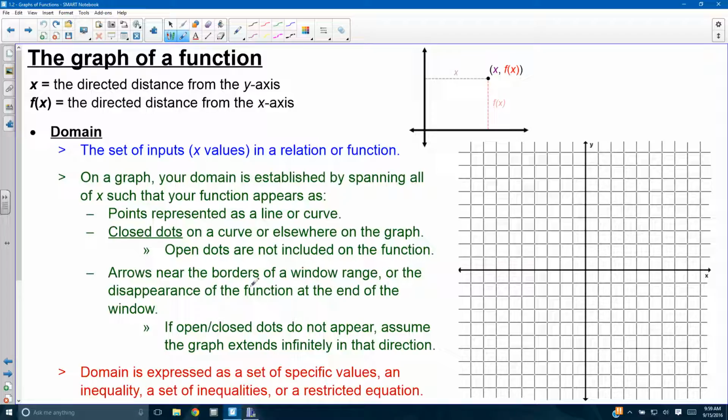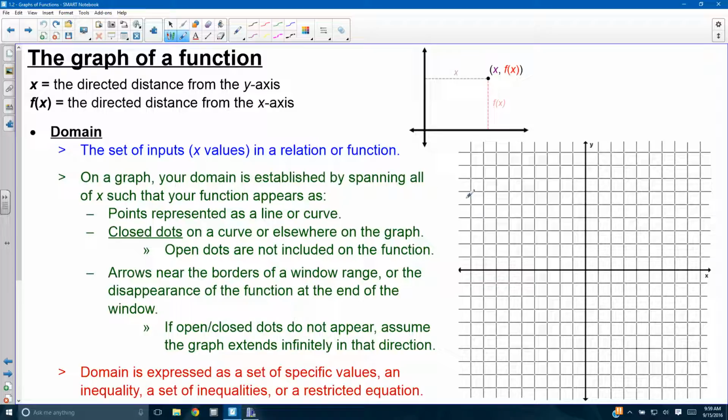This last disappearance one is not one that we're going to see on this slide, but on future slides you actually will see it. If open or closed dots do not appear, assume that the graph extends infinitely in that direction. So that's the whole point of that bottom part right there. And then domain is expressed as a set of specific values in an inequality, set of inequalities, or restricted equation. That's what we'll write after we look at the graph itself.